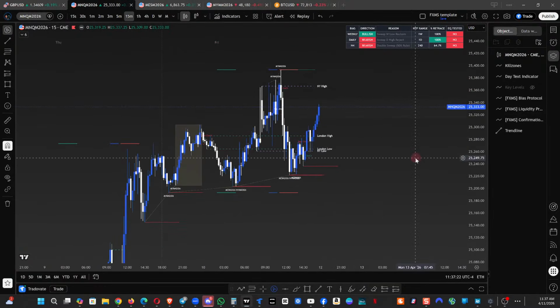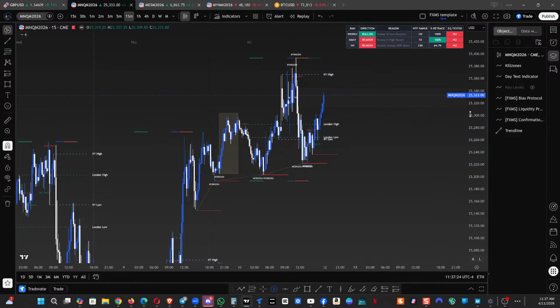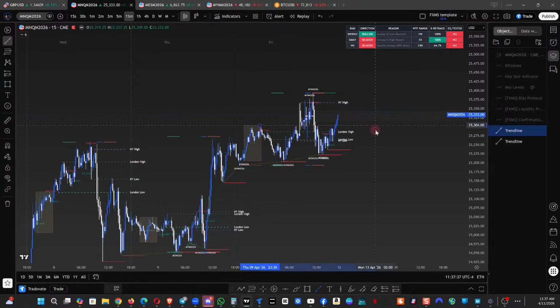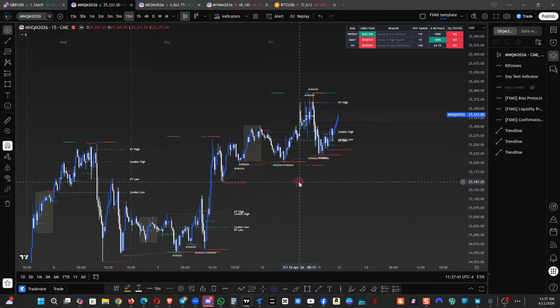Gotcha. So the Asia range is set in stone, the one thing we've got to have. Yep, that's going to be pretty much cemented on your chart every day, so you have a pretty clear level of what that is. The other ones are a little bit more subjective: London high, London low, New York high, New York low, depending on what you set your times to be, what those windows are.